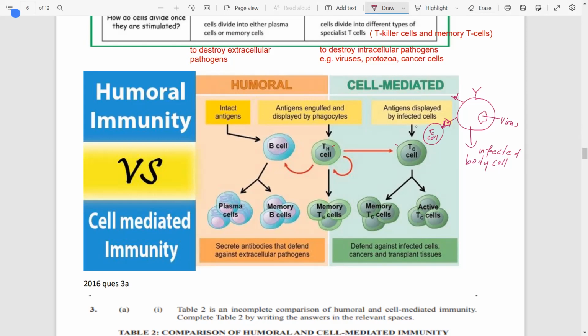So the T helper cell releases chemicals, causing the cytotoxic T cell to divide more rapidly. And the T cell also makes memory cells so that it will remember this pathogen. So the cytotoxic T cell makes memory cytotoxic cells and active cytotoxic cells. These active cytotoxic cells will actually go and kill this cell that has a virus so that it doesn't spread.